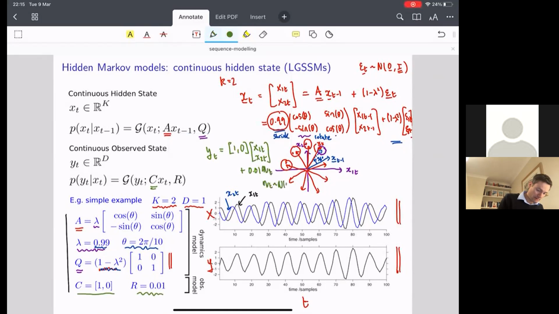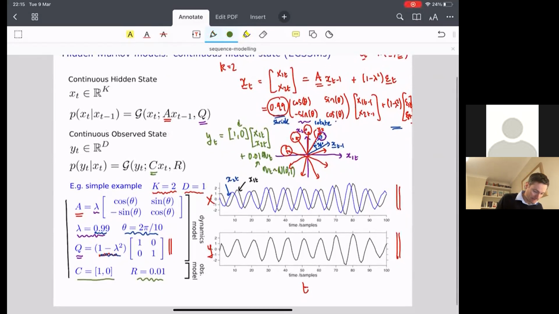Okay, so yt, by this multiplication, just picks out the x1 component of our phasor, the real valued component, if you like to think of it that way, and adds a tiny bit of Gaussian noise on with very, very small variance at each point. So it looks like I labeled my x1 and x2 here correctly.